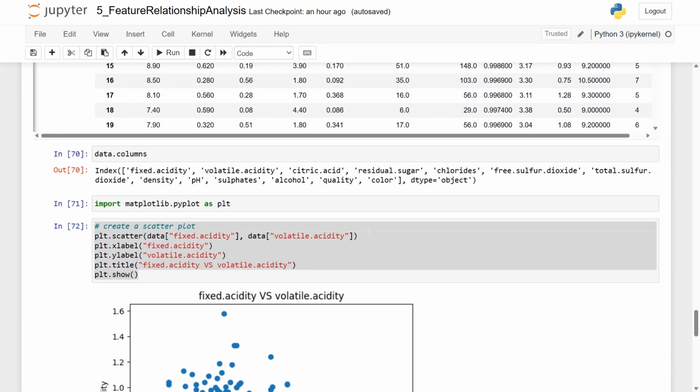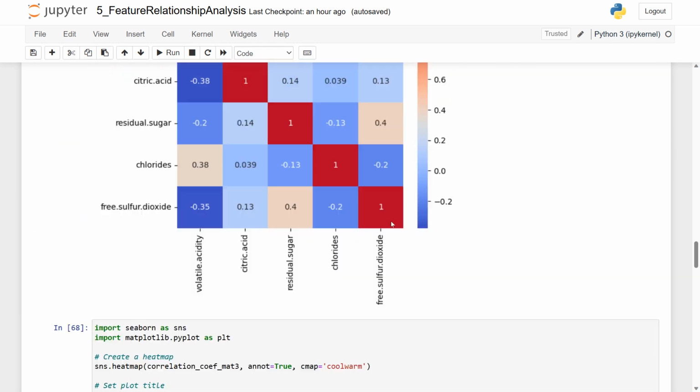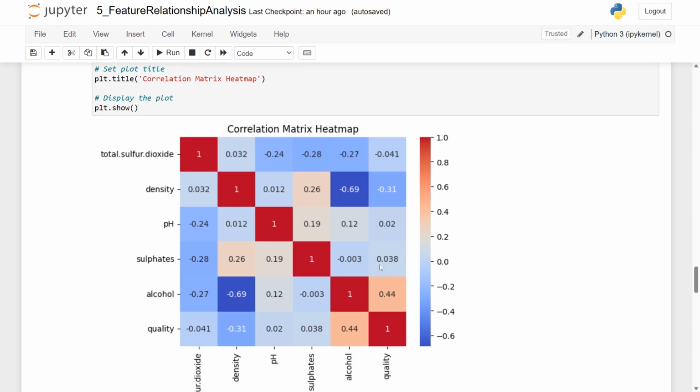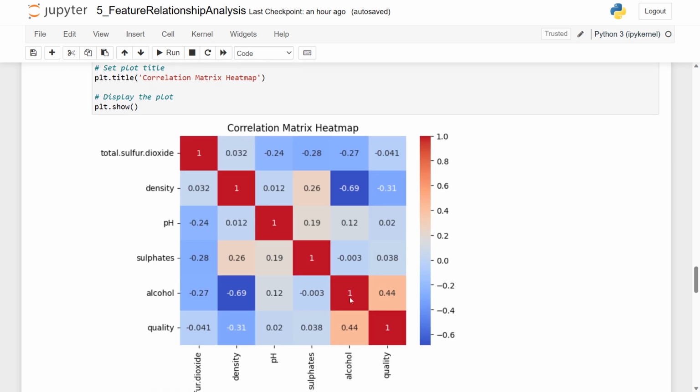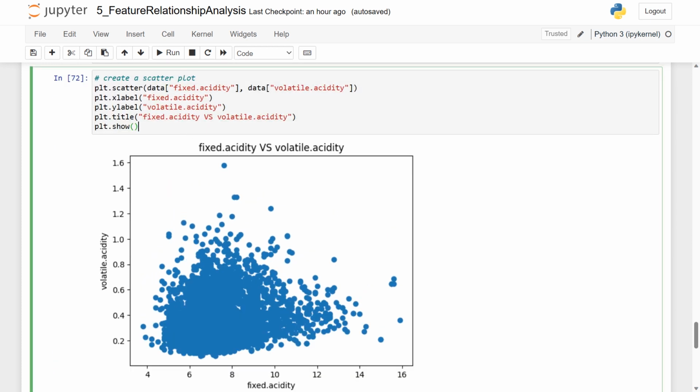And let's go for other correlations. Here we got 0.44, between alcohol and quality. Let me do that. Alcohol and quality.